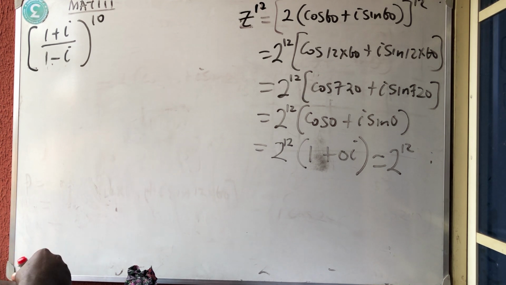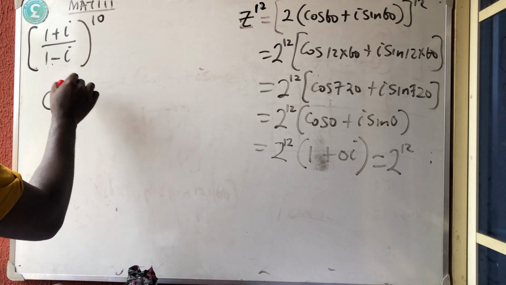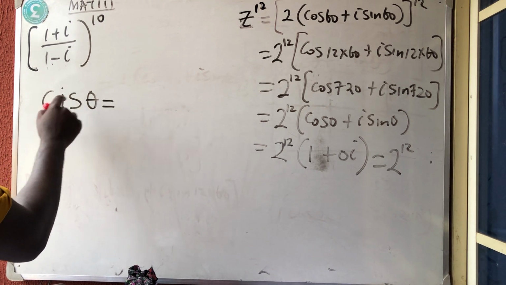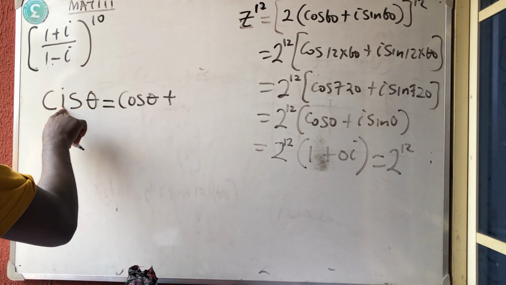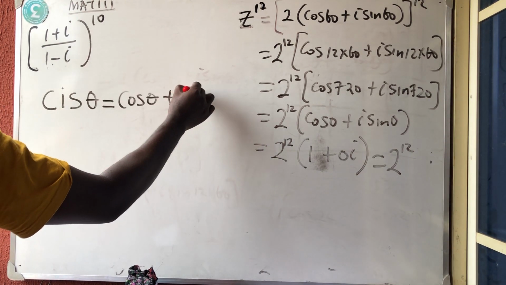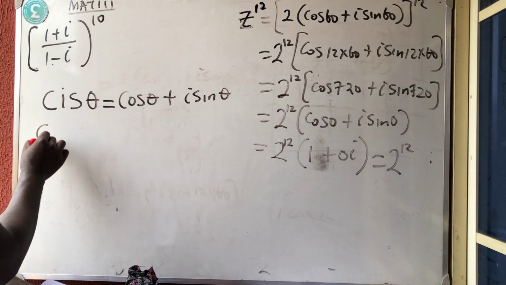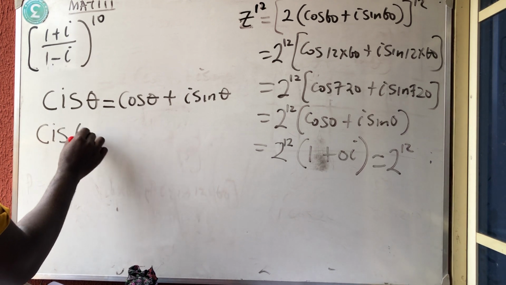Another thing I need you to understand is that there is something called cis. Cis of theta means cos theta plus i sin theta. In an exam they can tell you to find cis 60, for instance.